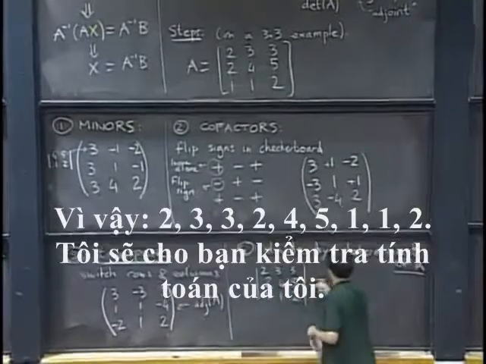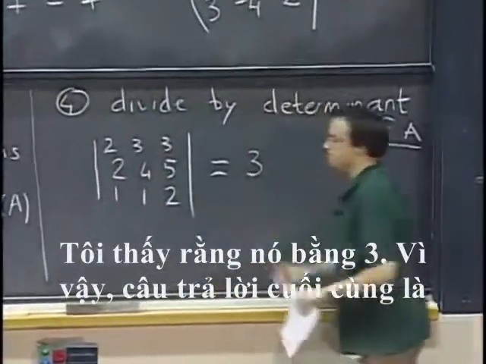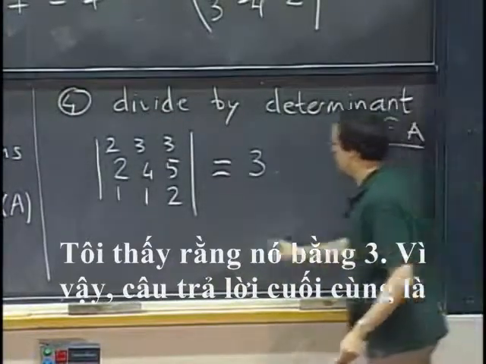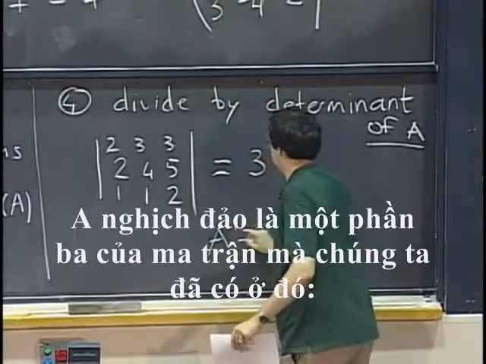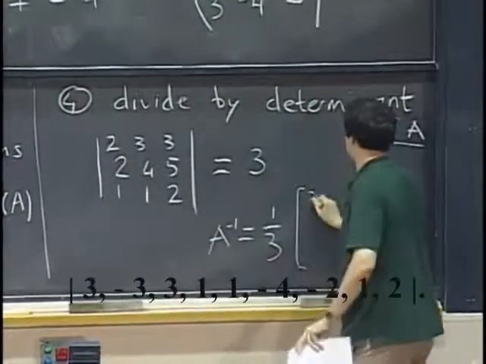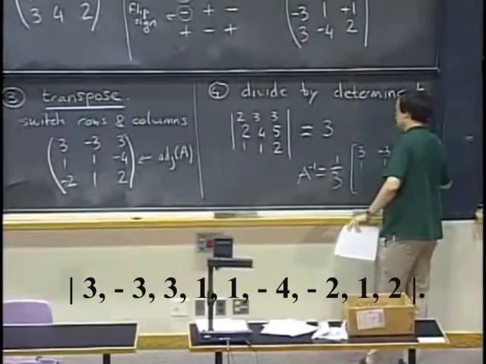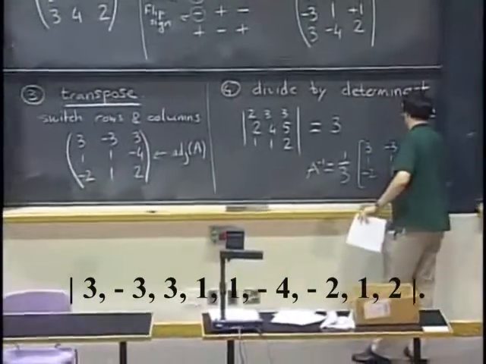I'll let you check my computation. I found that it's equal to 3. So the final answer is that A inverse is 1/3 of the matrix we got there: 3, minus 3, 3, 1, 1, minus 4, minus 2, 1, 2.